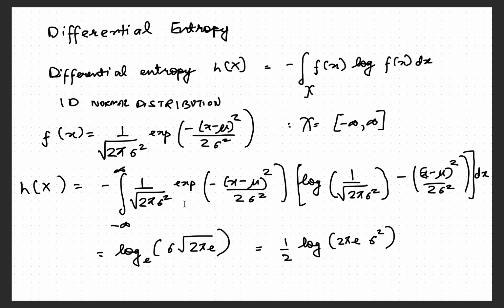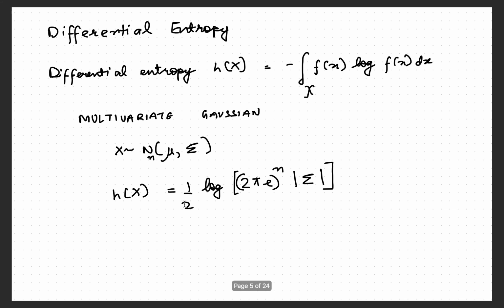Similar to the 1D normal distribution, we could also derive an expression for the differential entropy of a multivariate Gaussian, where we say that x is normally distributed in n dimensions, with small n indicating the number of dimensions, with mean vector mu and covariance matrix sigma.